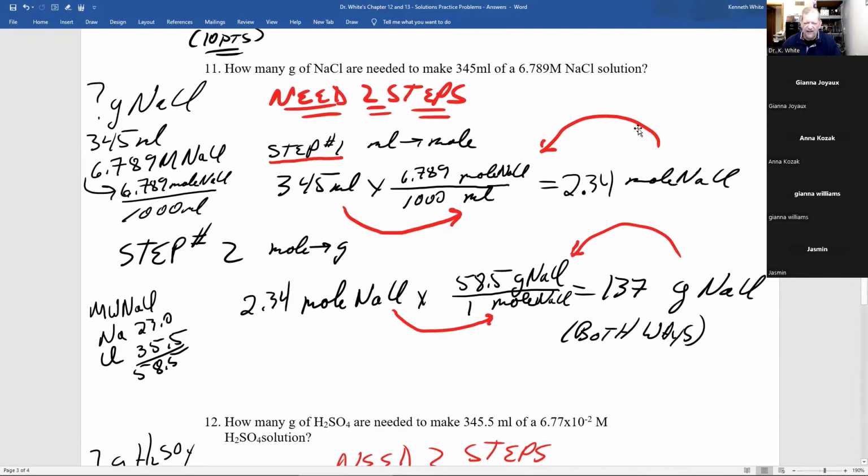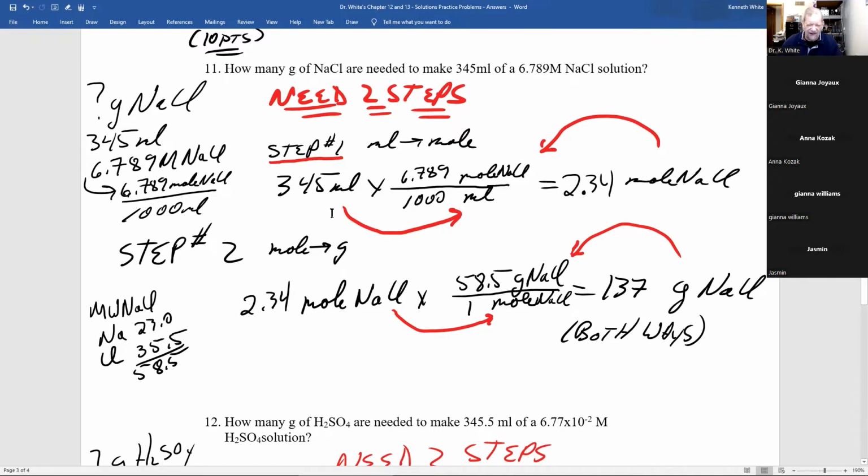Whatever you're trying to get to goes on top of this ratio, moles sodium chloride. Whatever you're trying to get rid of, milliliters, goes underneath. And where do we get these numbers? From the molarity here. 6.789 moles of sodium chloride per 1,000 milliliters.